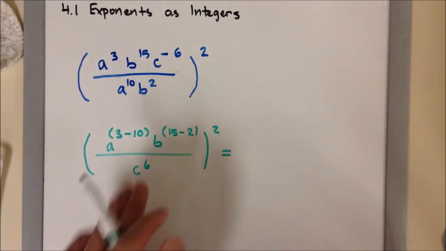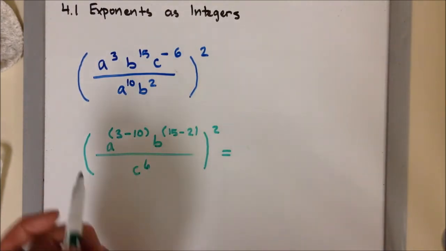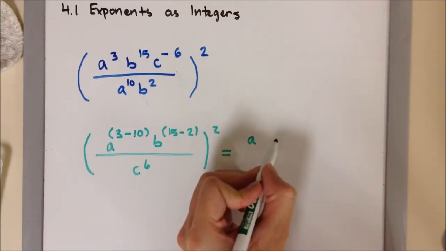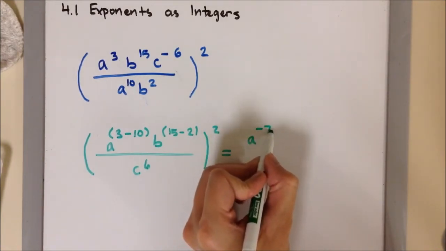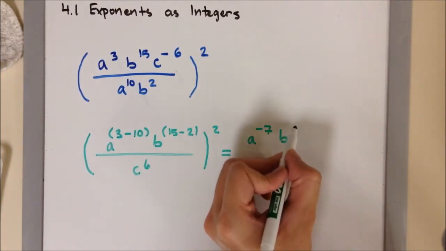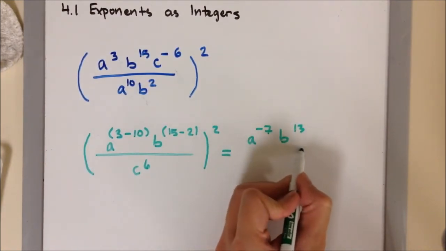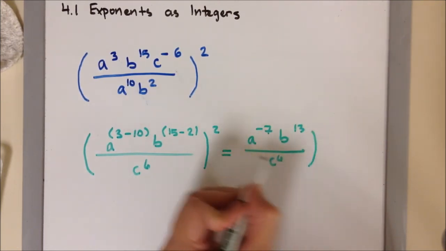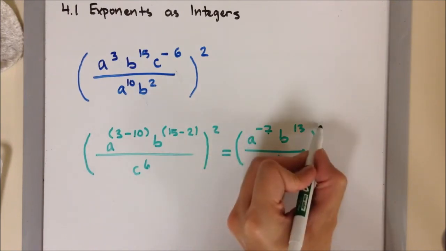Alright, now I'm going to simplify the exponents on the top. So my a, 3 minus 10, well, that becomes negative 7. And then my b, 15 minus 2, that's going to become 13. And then c to the 6, with the exponent outside the parentheses, 2.